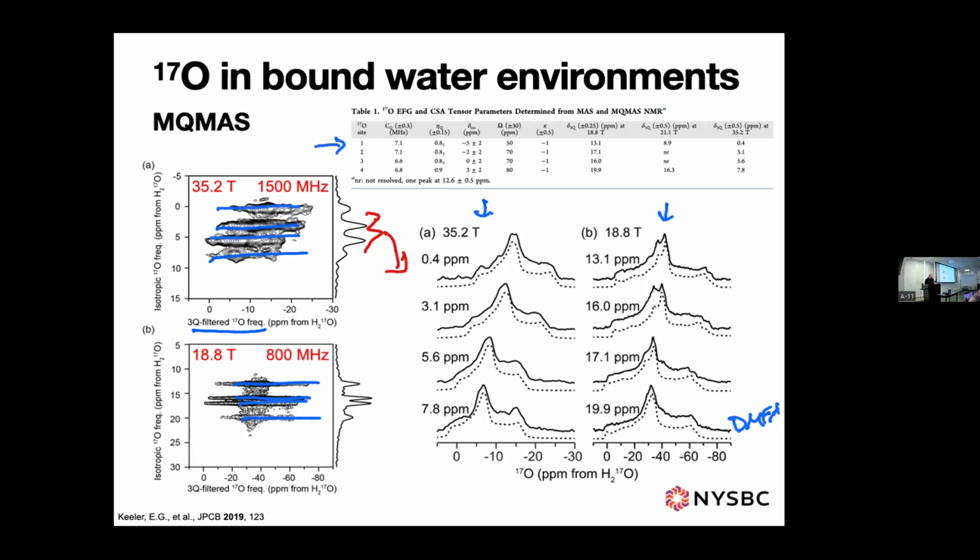So you can see that while you have different isotropic frequencies, you have an isotropic chemical shift frequency that's fit out, because we have multiple fields now, of about 8 ppm difference. So there are about 2 or 3 ppm difference in each one. As you may remember, in the one I showed, not resolved, there's only one peak at 12.6 ppm in the 900 data.